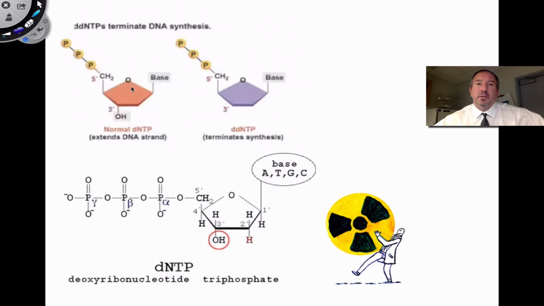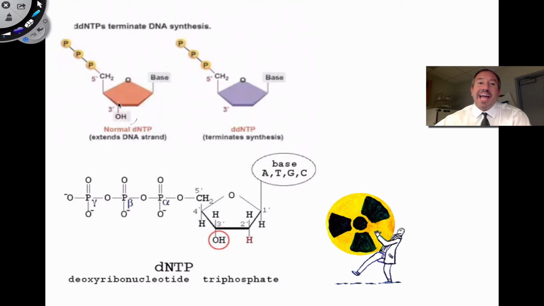The normal dNTP has a hydroxyl group, and this is important, sorry for the detail, at the 3' of the sugar deoxyribose. If you're familiar with replication, which I hope you are, you'll know that that's particularly important because you need that hydroxyl group to extend the very next nucleotide. So the polymerization wouldn't occur unless you had that hydroxyl group there.